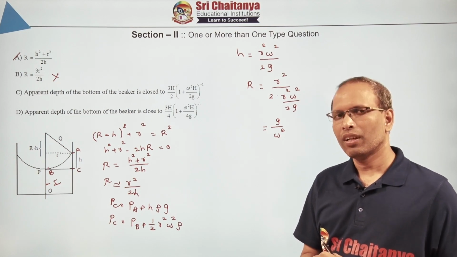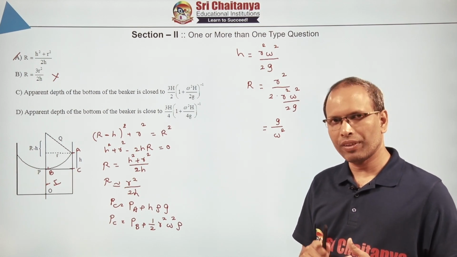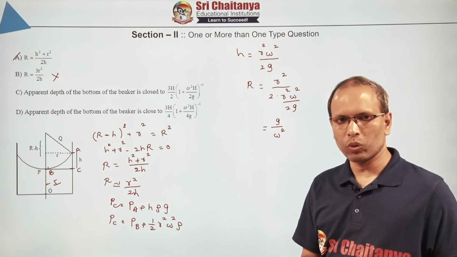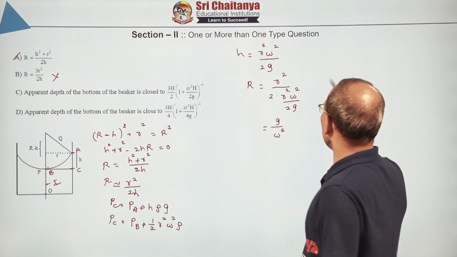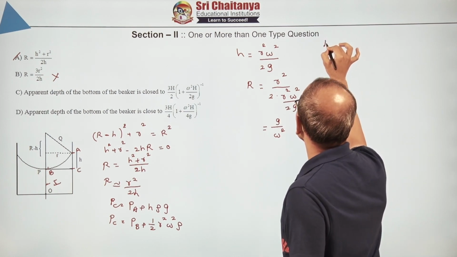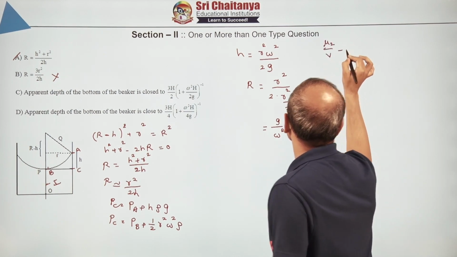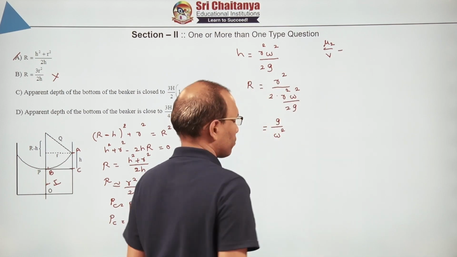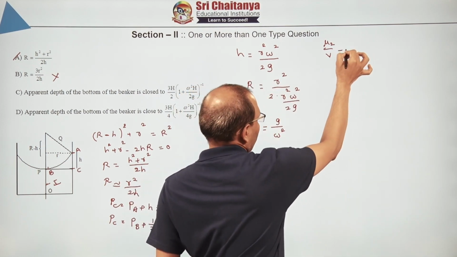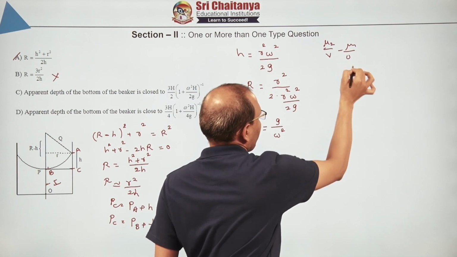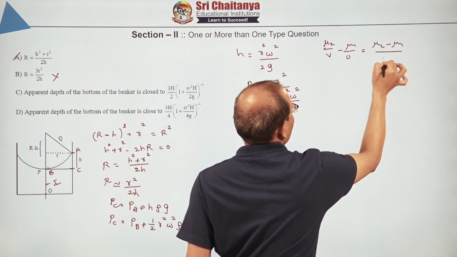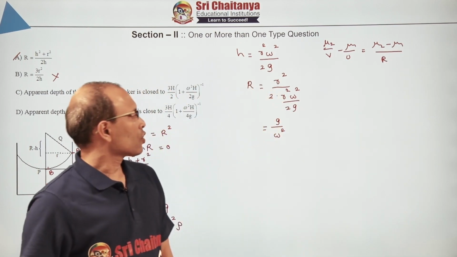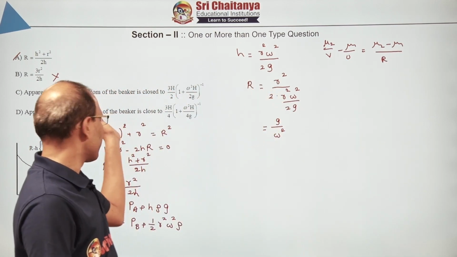What is the formula? mu 2 by V minus mu 1 by U equal to mu 2 minus mu 1 by R. So what is mu 2 here? Second medium, that is air.